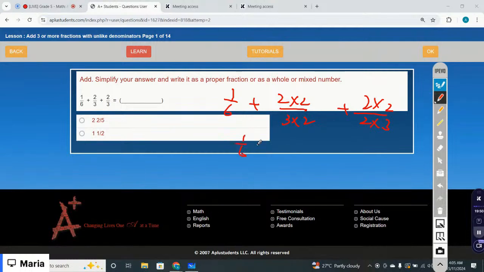So that is 1 over 6 plus 4 over 6 plus 4 over 6, right? They have now like denominators. You can simply add their numerators, so that is 9 over 6, right?